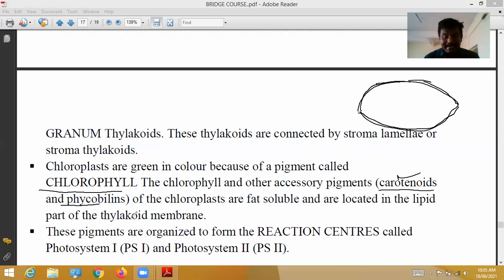And they are located in the lipid part of the thylakoid membrane. So the chlorophyll pigment and accessory pigments, these pigments are located in the lipid part of the thylakoid membrane.